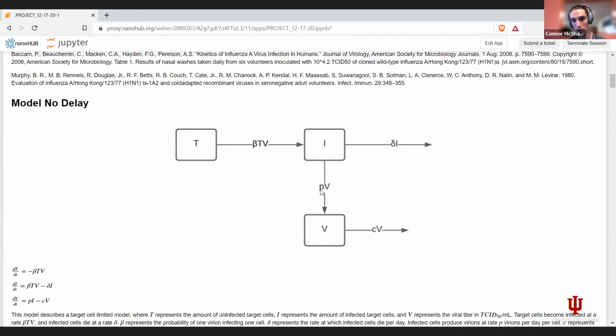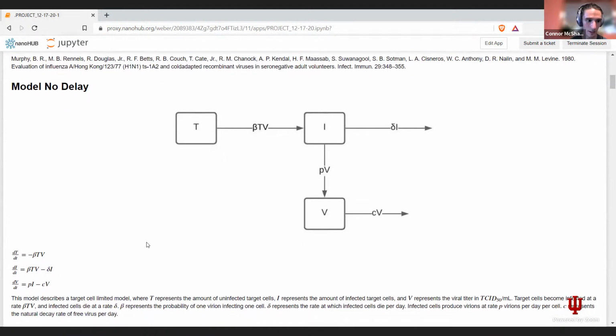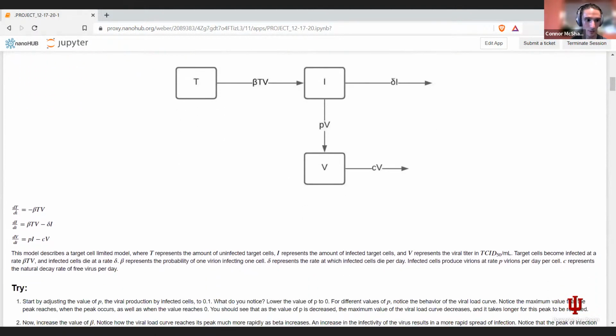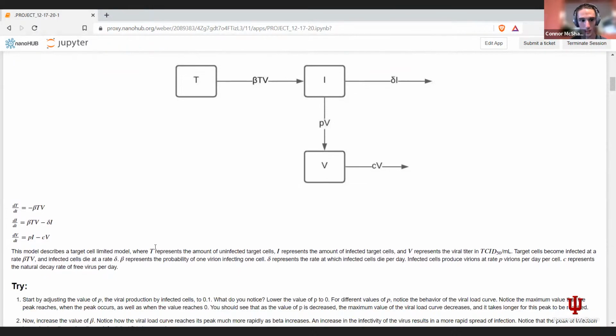The infected cells release additional virions, is that the right word? I think at a given rate here, and then the virus itself has a clearance rate, and the infected cells have a death rate. So we have a system of 3 coupled ODEs.